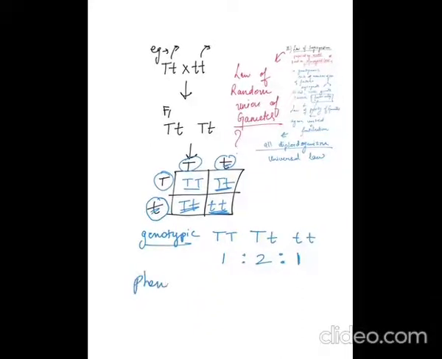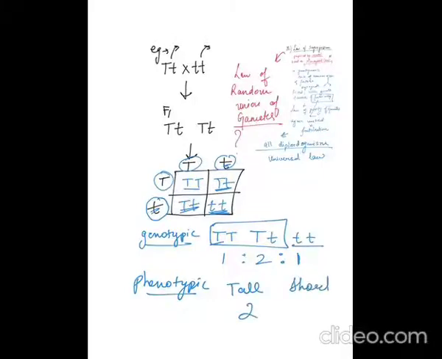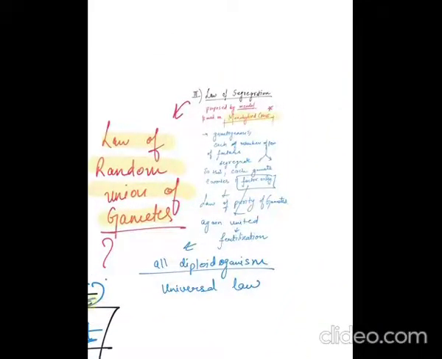Talking about the phenotypic ratio, we can see there is 2 tall and 1 short or dwarf. So this is the phenotypic ratio. So here we can see how monohybrid cross was performed and how random mating of gametes was done. So that's why we can say this rule as the law of random union of gametes based on monohybrid cross.